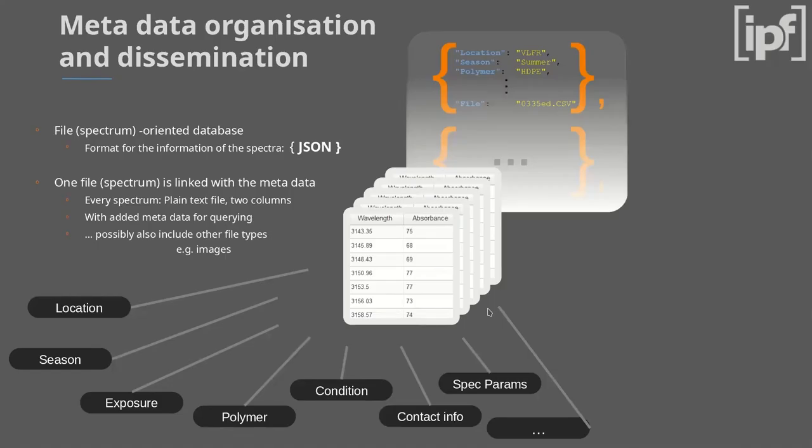So I also have a connection between the file name and the data content to be sure that if there's any doubt, if the real spectral data is inside the file, I can just hash it again and check it against the file name. And I see, okay, there was no naming mistake or anything.